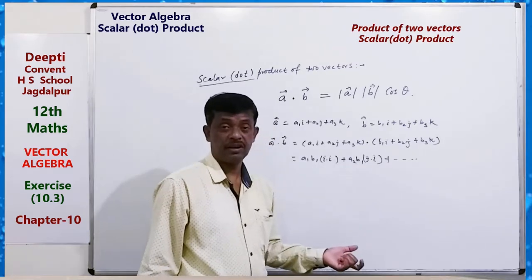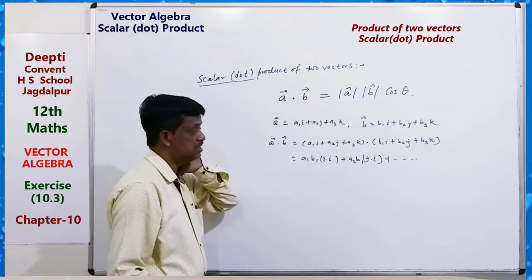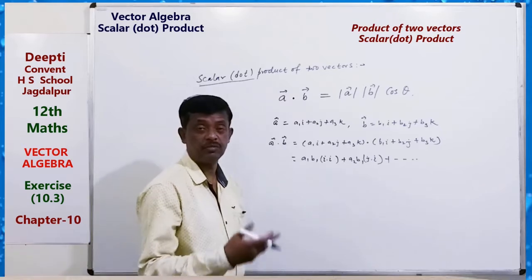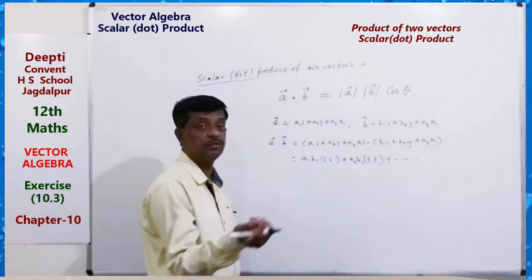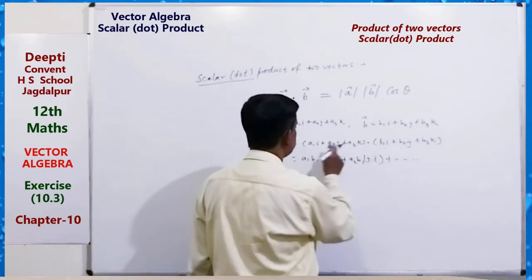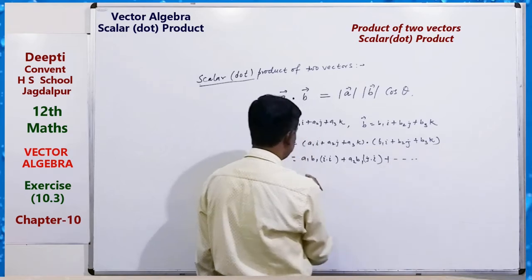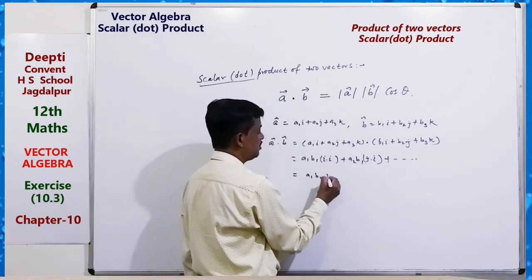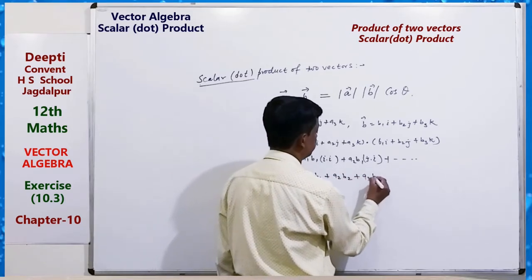I dot J, J dot I, and similarly other combinations, J dot K, K dot J, I dot K and K dot I, will be 0. The remaining, I dot I, J dot J, K dot K, are 1. So we get A1 B1 plus A2 B2 plus A3 B3.